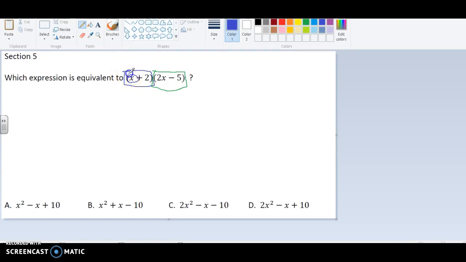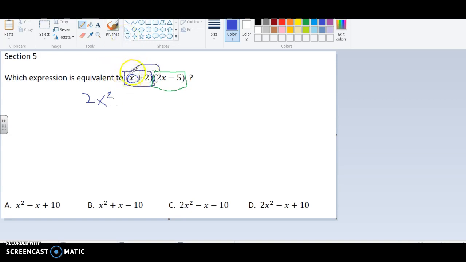There is a 1 there, right, so I'm going to do 1 times 2, which is going to give me 2. And then I also have to do x times x, right, because there's an x in both of those terms. So that's going to be 2x and then squared.